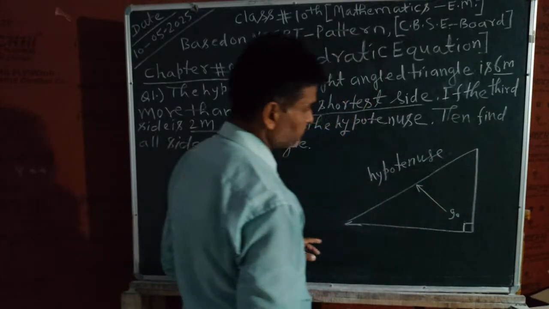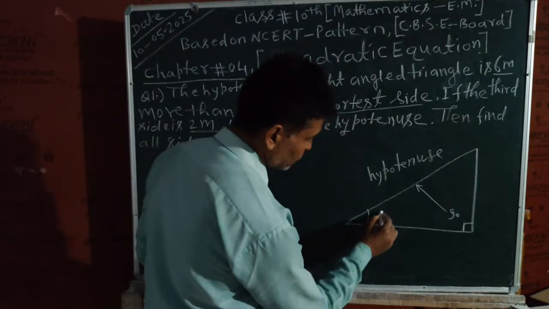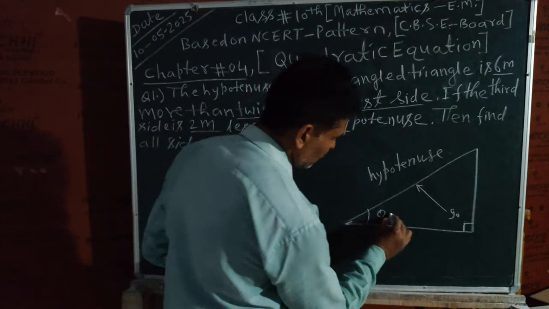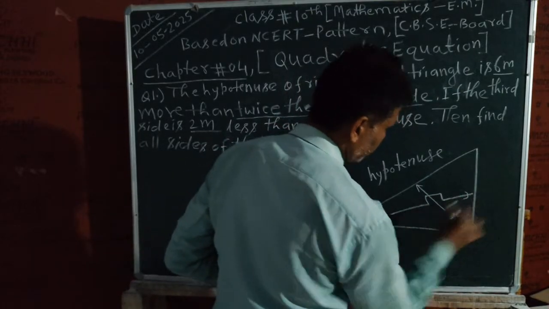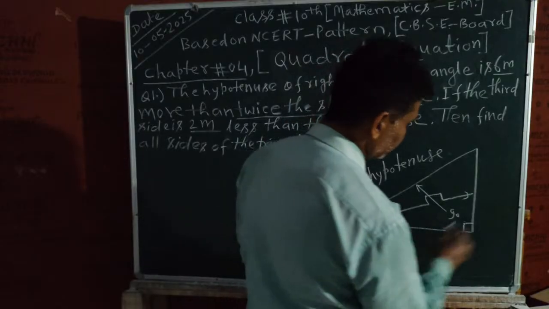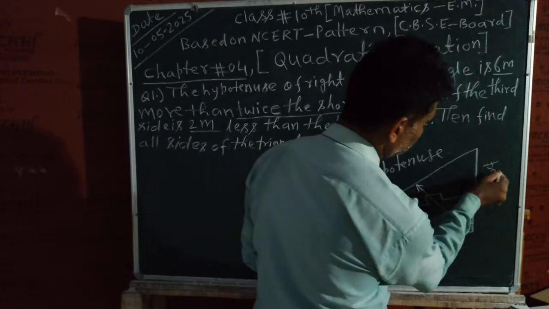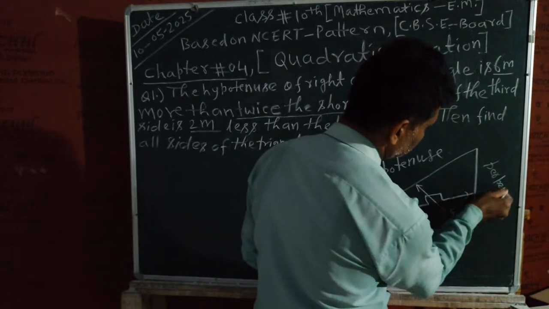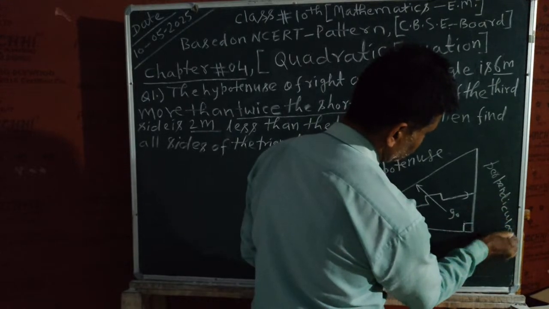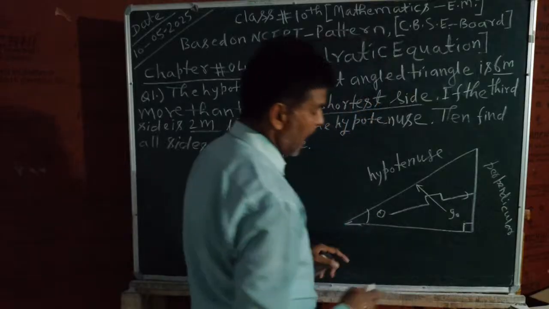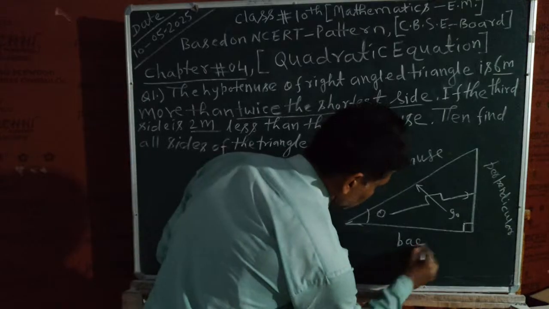I will take this angle and call it theta. Along this side I will say that is the perpendicular, which is perpendicular to this side, and the remaining side I will say is the base.